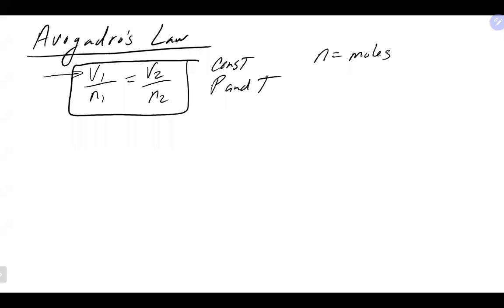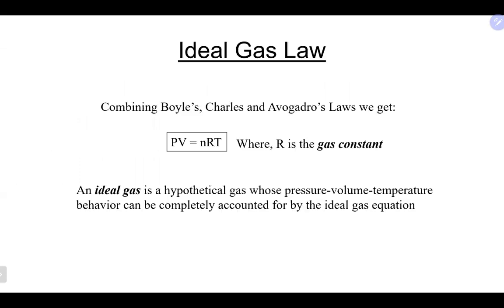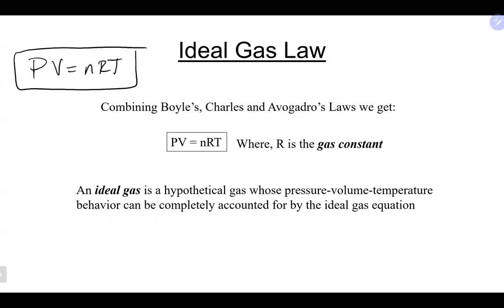Now, taking together all these gas laws, which are Charles' law, Boyle's law, and Avogadro's law, we get the granddaddy of them all, which is the ideal gas law. The ideal gas law is PV is equal to nRT. There are a couple of differences between this gas law and some of the ones we've seen before.